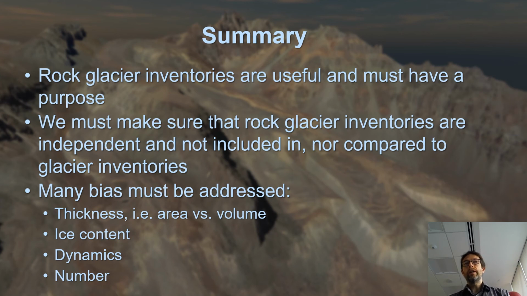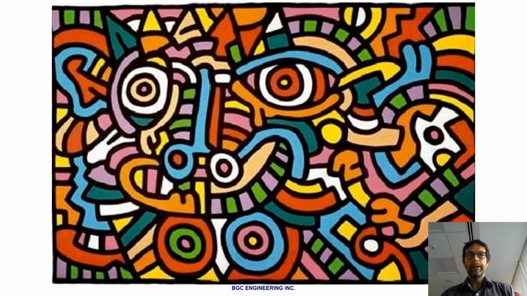So we should not include them in glacier inventories because there are biases if you do that. It comes to the thickness, it comes to the actual ground ice content, it comes to its dynamics, and finally its number.